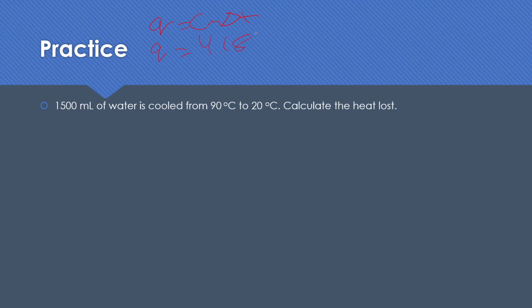So 4.184 times 1,500 times 70. And it's a really big number. Now it's cooled, right? So it's negative 70. So it's negative 439,320, or negative 439 kilojoules. Again, water has really high heat capacity.